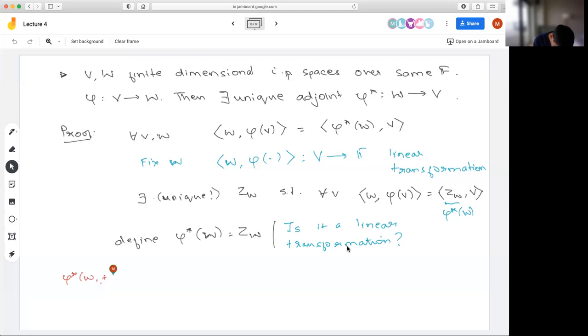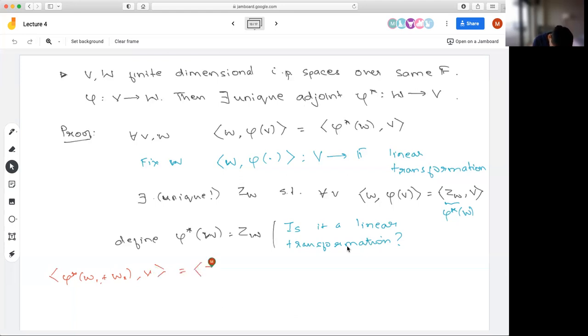Let's check what phi star of W1 plus W2 looks like, or rather, what the inner product with V is.